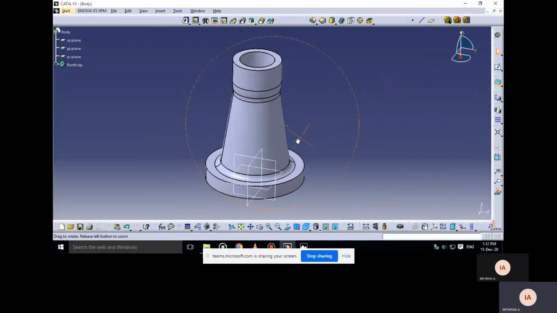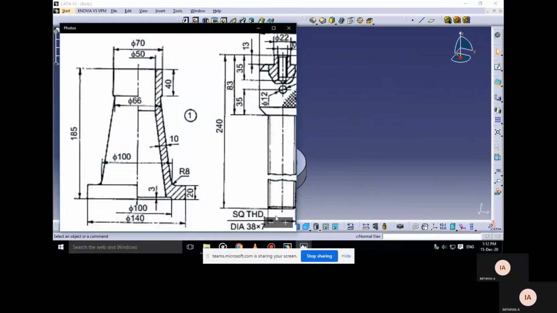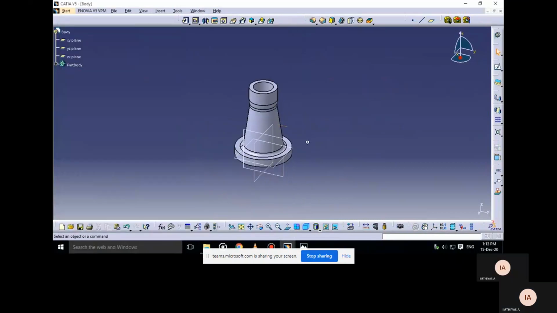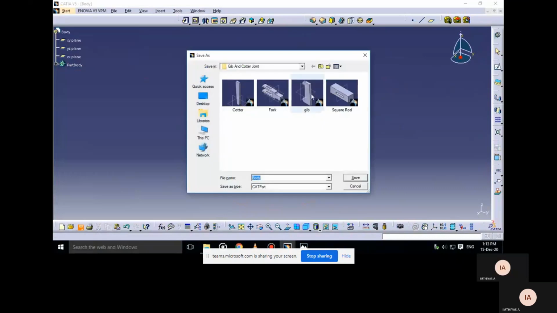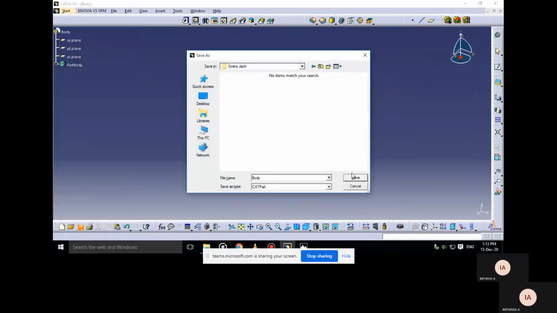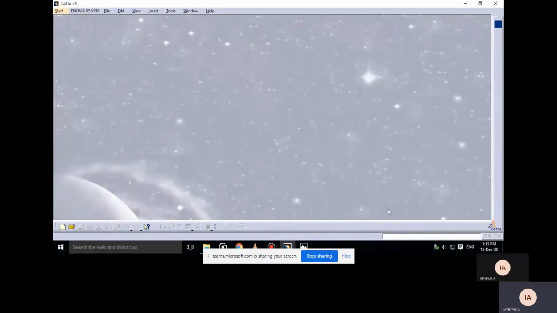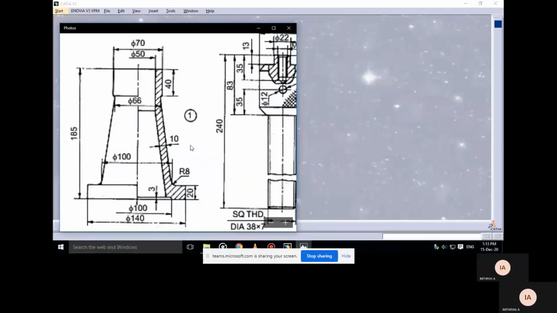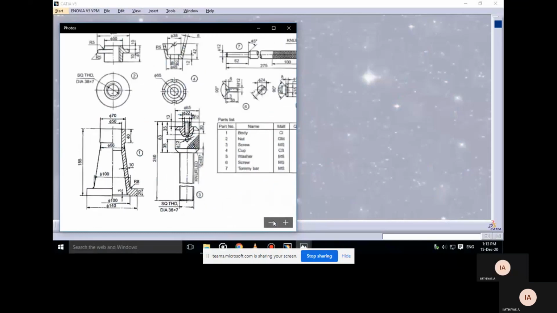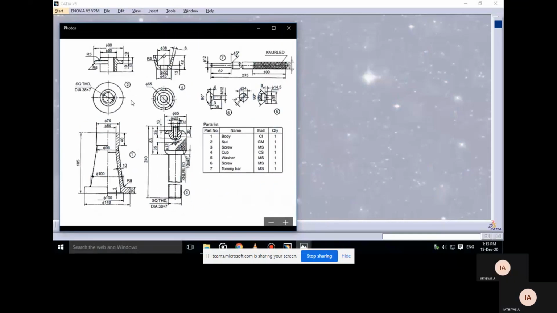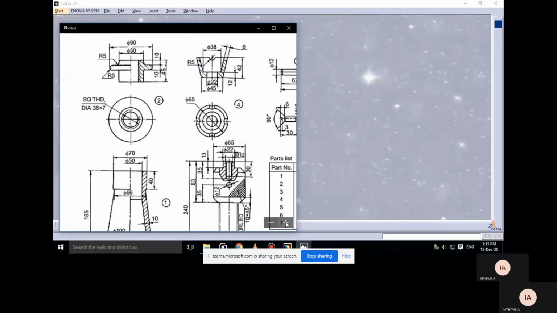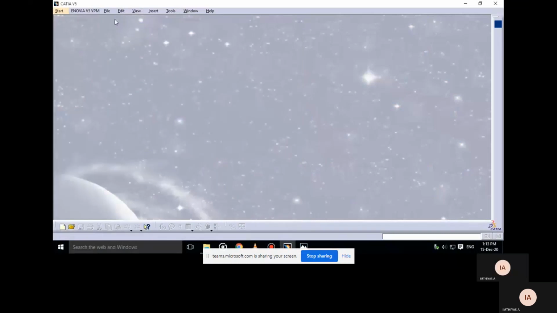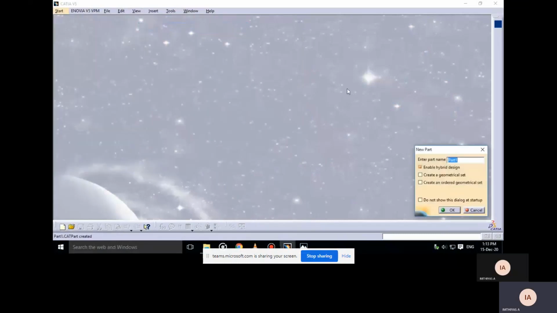So this is the body of the screw jack. That is the first part. We will start with the second part.